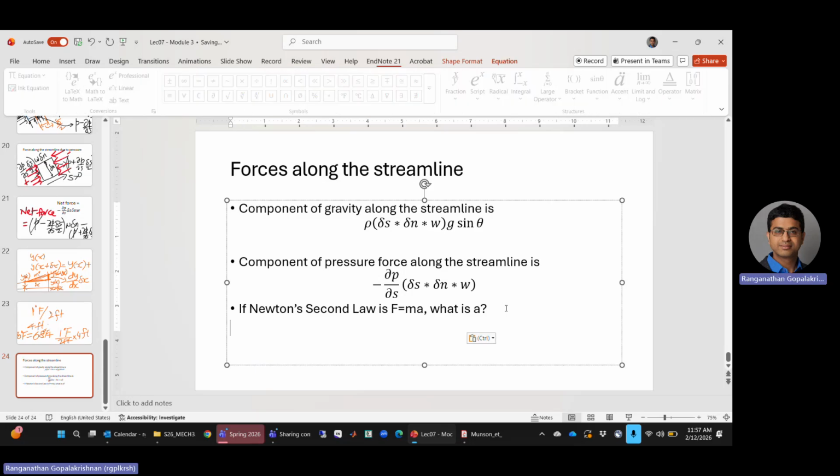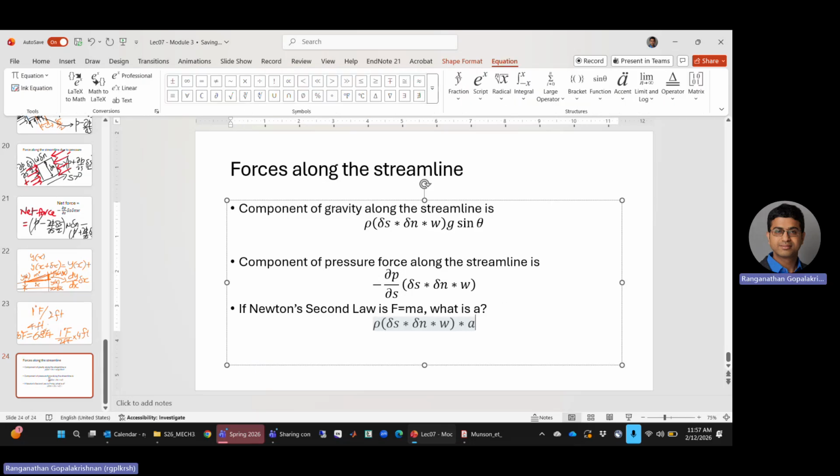Can I say it is mass times the streamwise component of the acceleration? Yes.